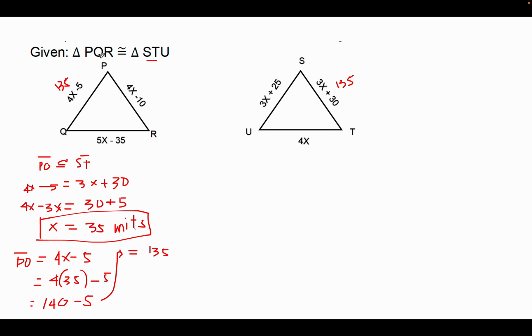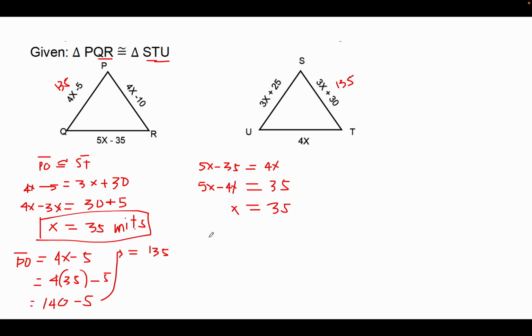And QR here corresponds to side TU. So QR and TU, pwede nating equate din yon. So 5x minus 35 equals 4x. So therefore, 5x transpose 4x to the left, so that becomes minus 4x, and then transpose 35 to the right, that becomes positive 35. So x therefore is equal to 35. Okay? Units. And solve mo na dito.